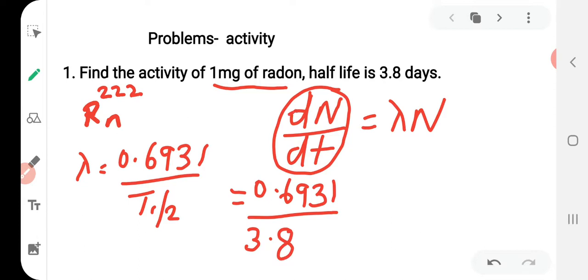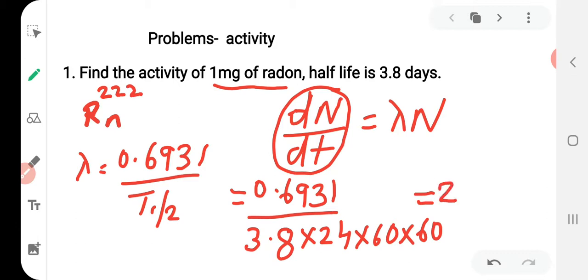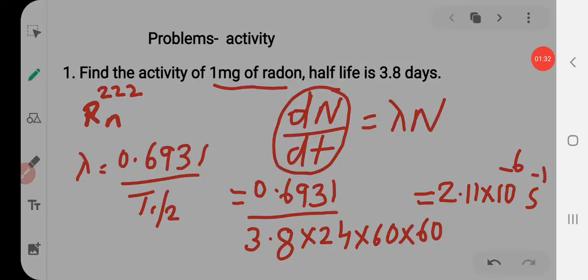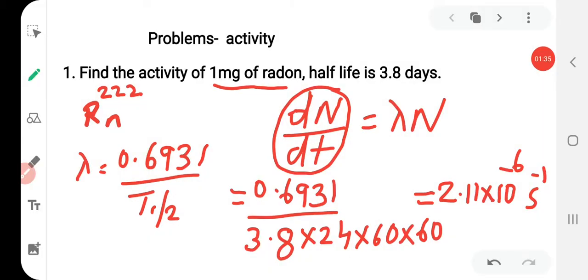So 3.8 days should be converted into seconds. 1 day is 24 hours, 1 hour is 60 minutes, and 1 minute is 60 seconds. So 3.8 days converted into seconds and substituting this, we get 2.11 into 10 raised to minus 6, and the unit will be second inverse. So lambda is found out.